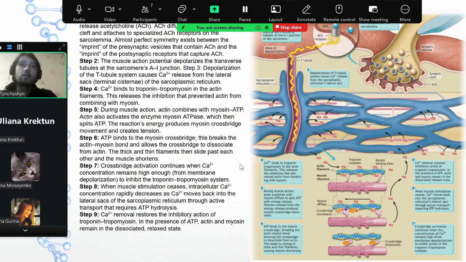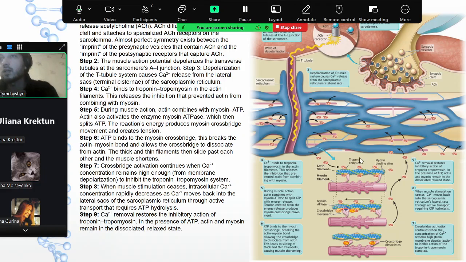And when the muscle stimulation ceases, the intracellular calcium concentration rapidly decreases as calcium moves back to the sarcoplasmic reticulum through active transport. The calcium removal restores the inhibitory action of the troponin-tropomyosin. I will show you these things in a couple of slides in more detail.